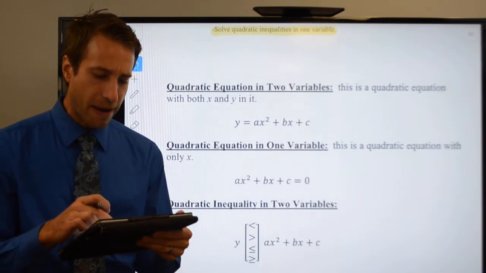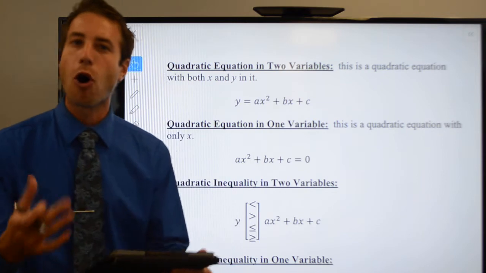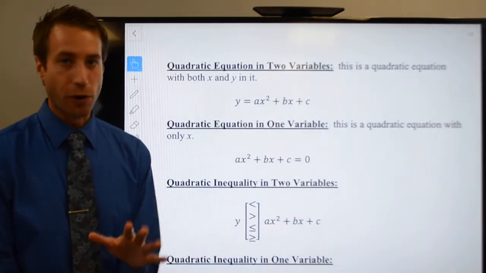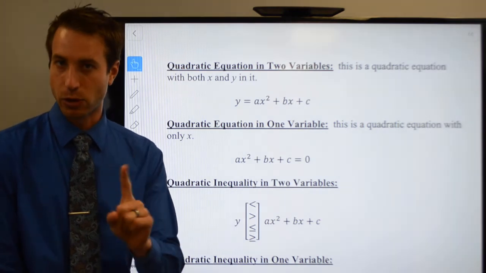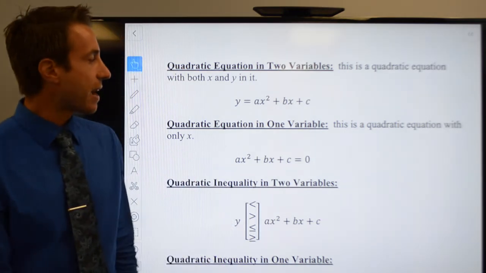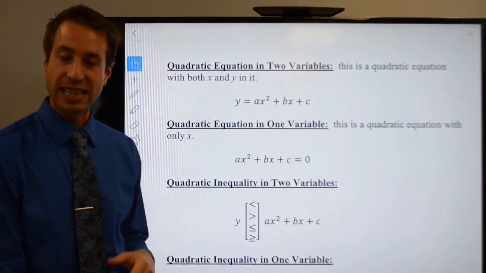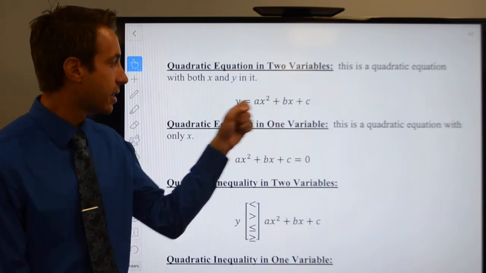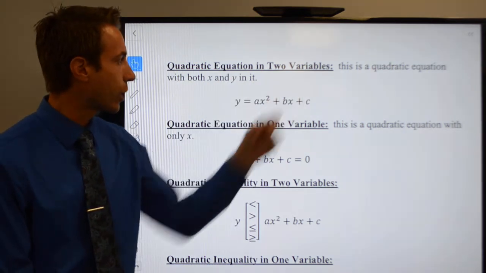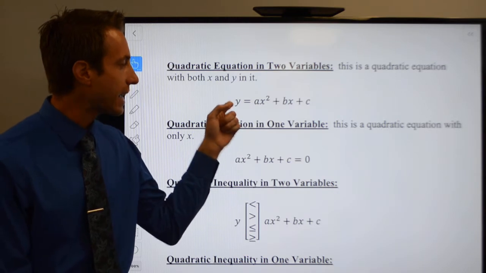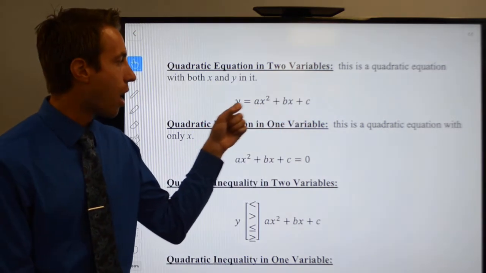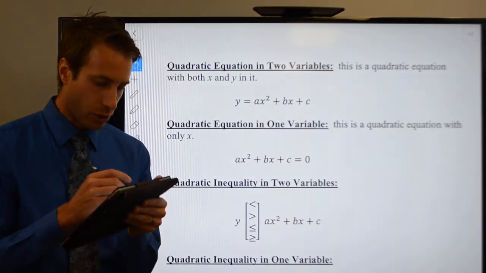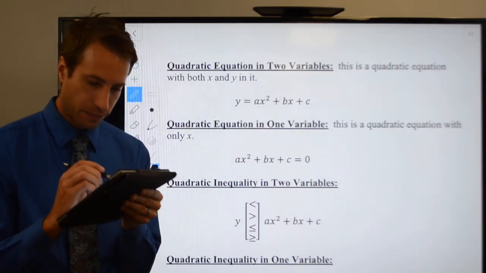I'm going to do that by first talking about something we've already done: the difference between a quadratic in two variables and a quadratic in one variable. If I have a quadratic with two variables in it, that means I have an x and a y. So this is a quadratic equation in two variables where I have y equals some quadratic. Anytime you're given y equals, they want you to graph.